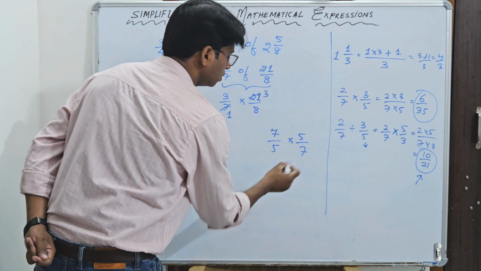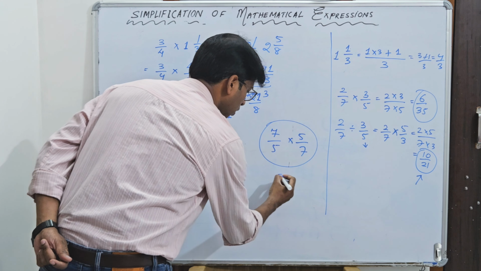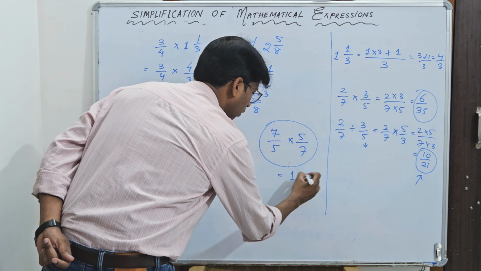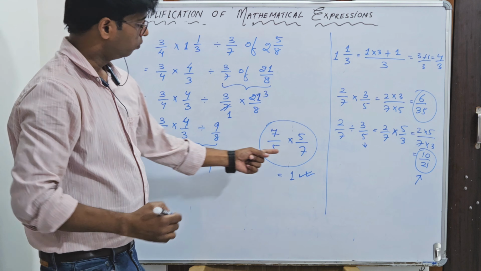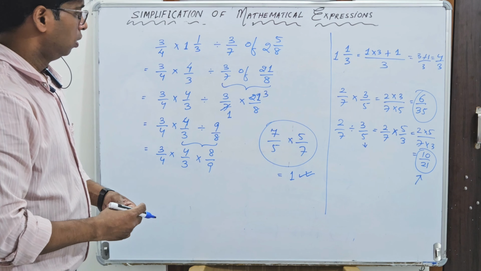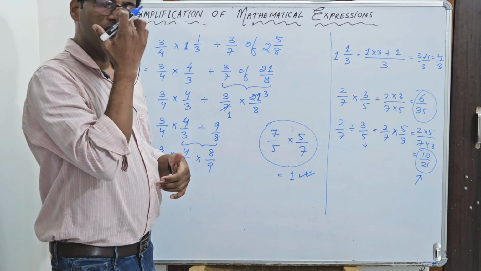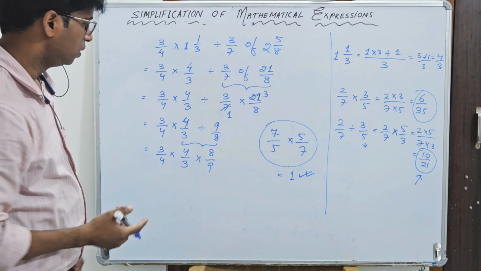Why? Because if you find the product of these two fractional numbers, it will always be equal to 1. That's why they are reciprocals of each other. We even call them the multiplicative inverse of each other also. So two names are there.